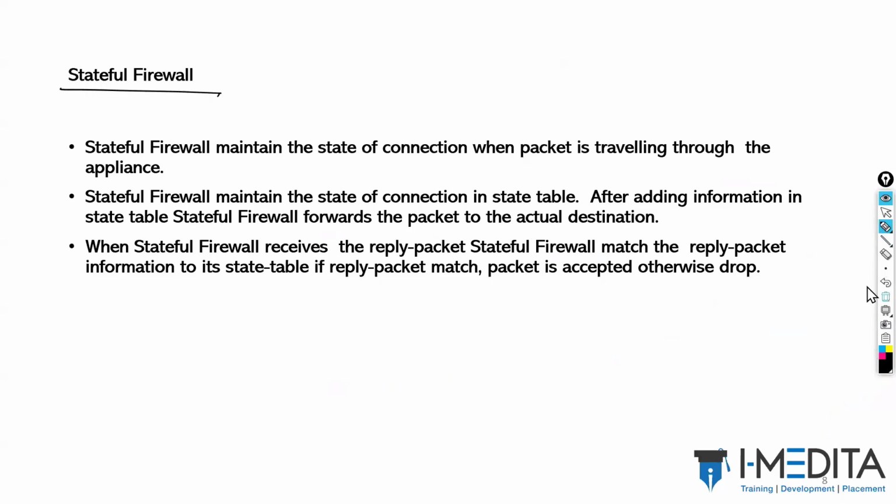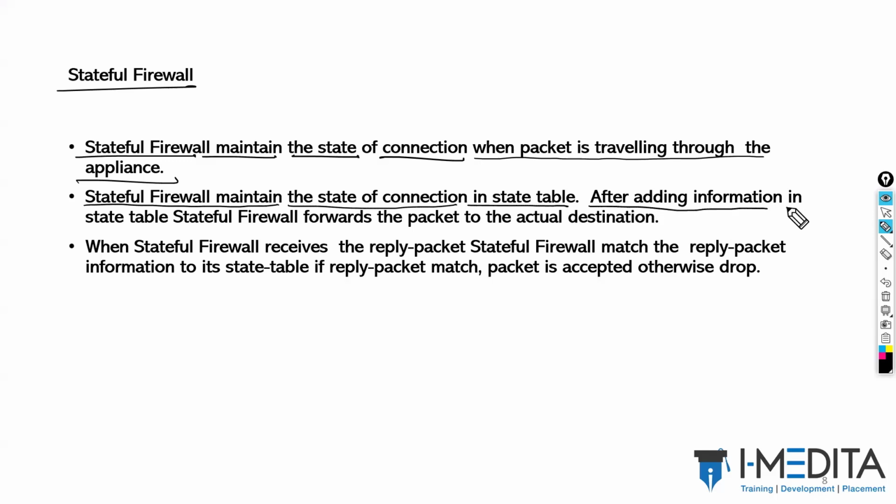Stateful firewall maintains the state of connection when a packet is traveling through it. When a packet passes through the firewall, it maintains the state of connection in a state table. After adding information to the state table, the stateful firewall forwards the packet to the actual destination.